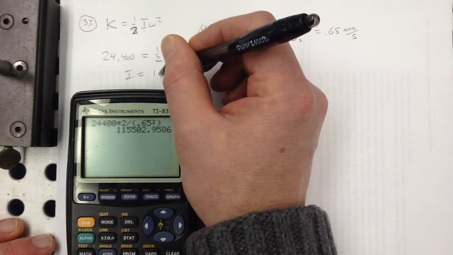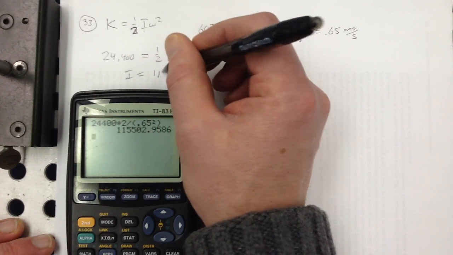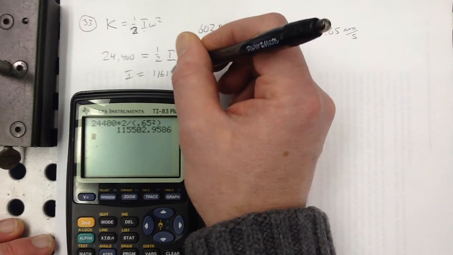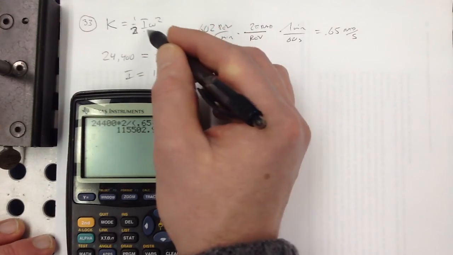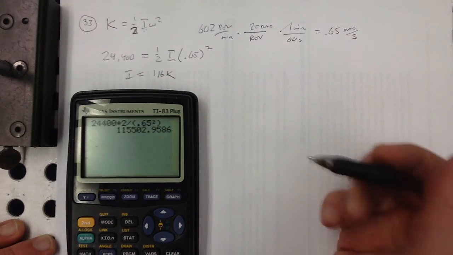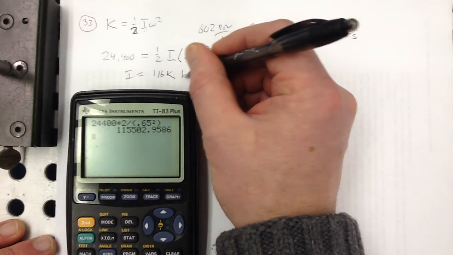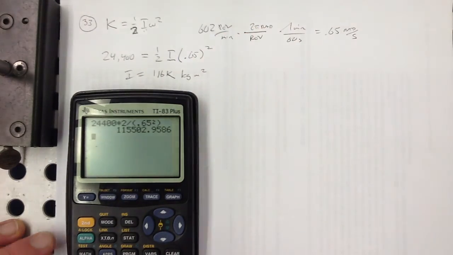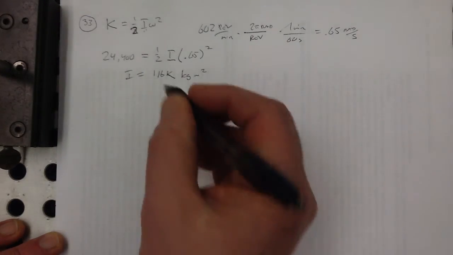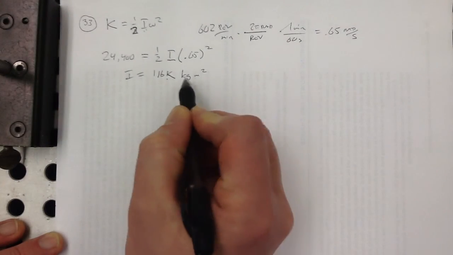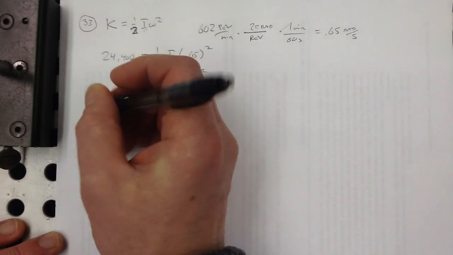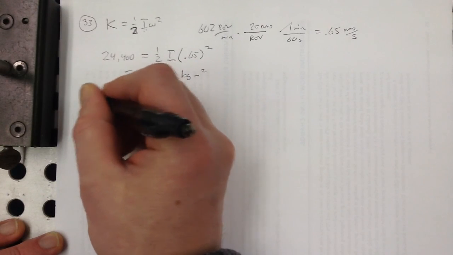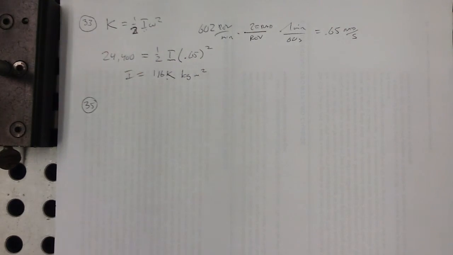So it looks like about 116,000. And then remember what the units are for this. It's a mass times a radius squared, so kilogram meters squared. So about 116,000 kilogram meters squared. That's our rotational inertia. All right. I think I did that right. You can check the answer. If there's anything wrong there, it's just for silly math.